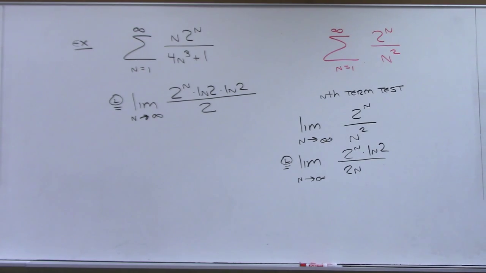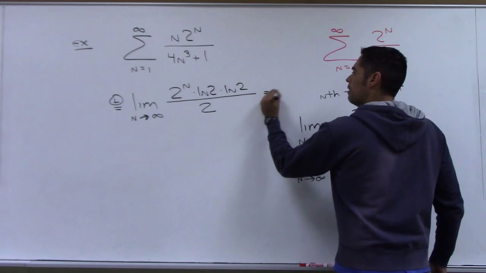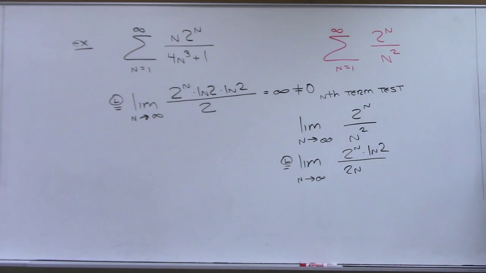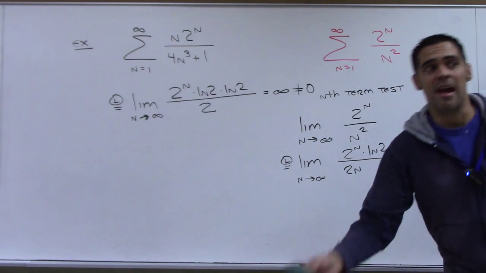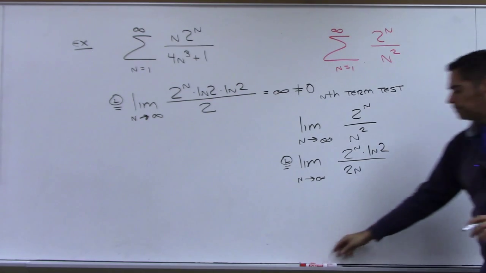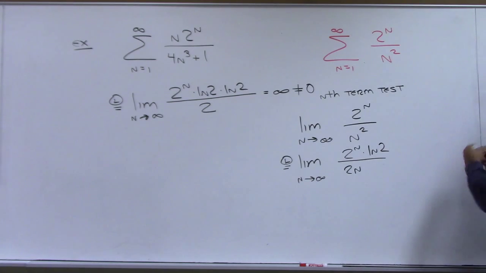And that's going to be infinite, right? This is going to infinity, which is definitely not 0. So the nth term test tells us that this series diverges.